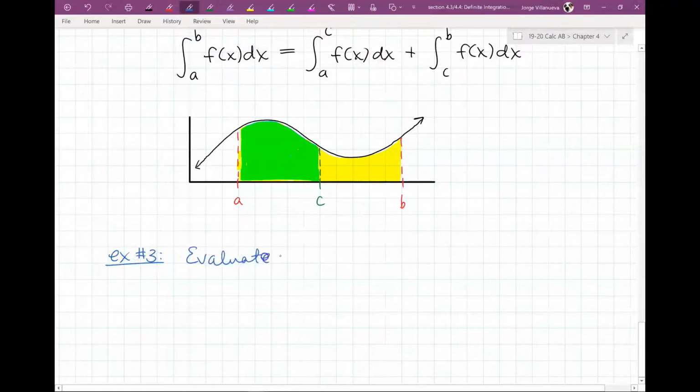Evaluate the integral from 1 to 3 of 2x cubed plus 3x squared plus 2x plus 1 dx.